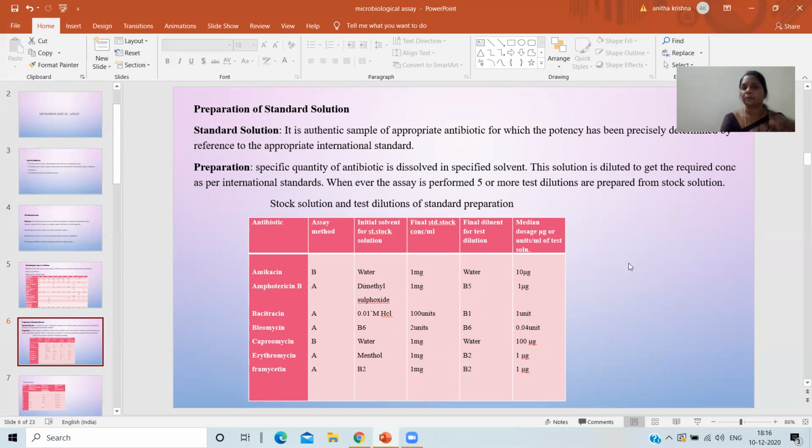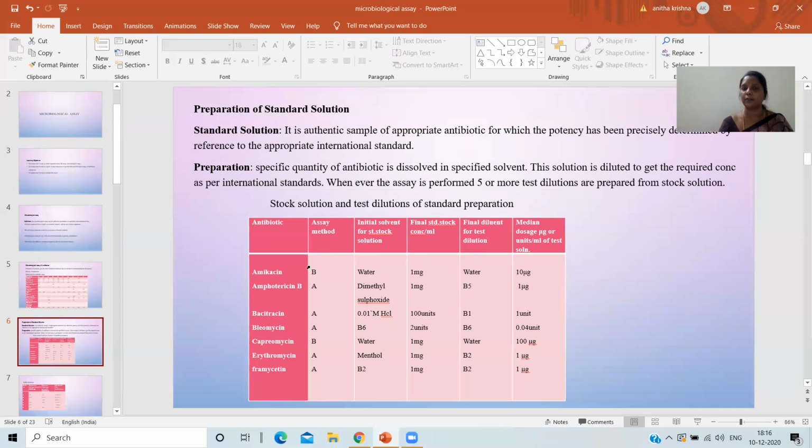international standards. And whenever you perform your microbiological assays, 5 or more dilutions of this stock solution have to be prepared. These are some of the antibiotics, methods and stock solvents we use.